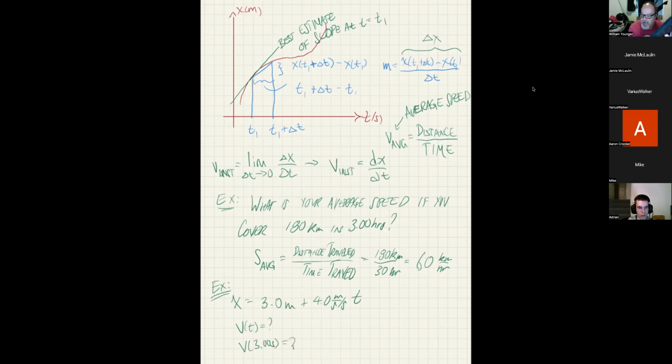Does anybody know what you're going to do to find the velocity as a function of time? Well, if you take the derivative of 3.0 meters, the meter is just a unit. It's being multiplied by the number 3, but it's a unit, so it's a constant. So that disappears. However, the plus 4.0 meters per second every second times t is a constant times the time. So I'm going to get 4.0 meters per second every second.